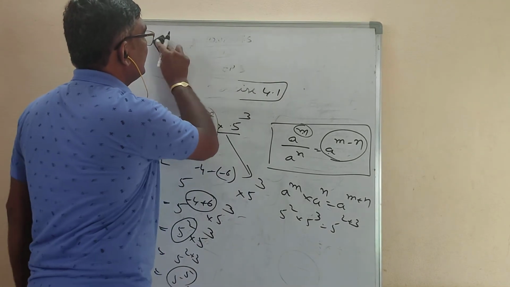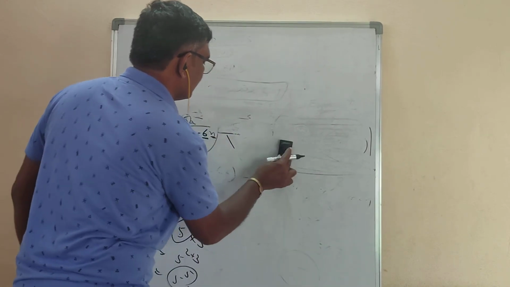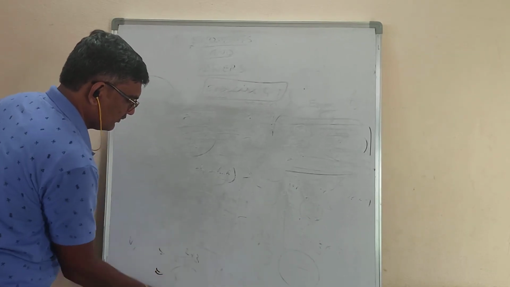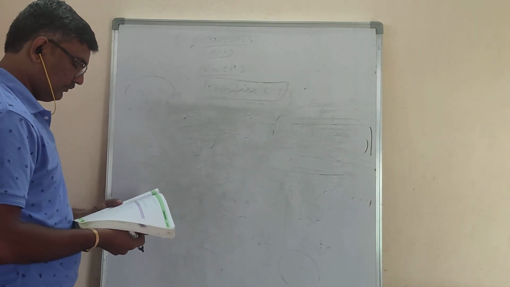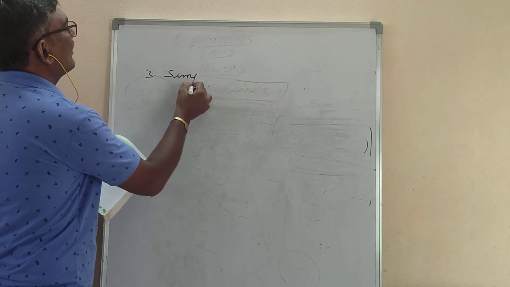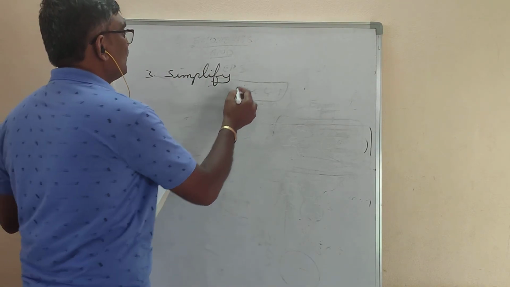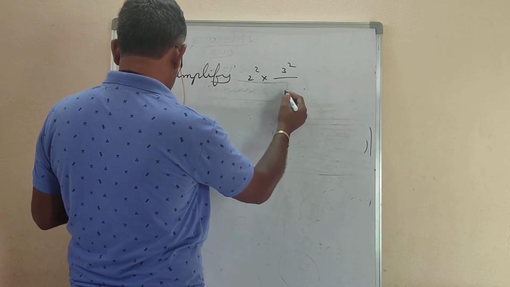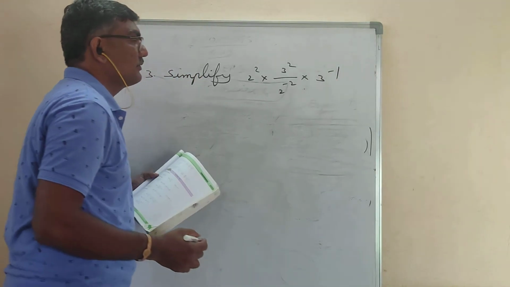What is the third problem? See it here. Simplify: 2 square into 3 square by 2 power minus 2 into 3 power minus 1.